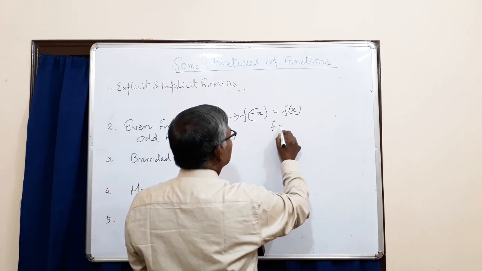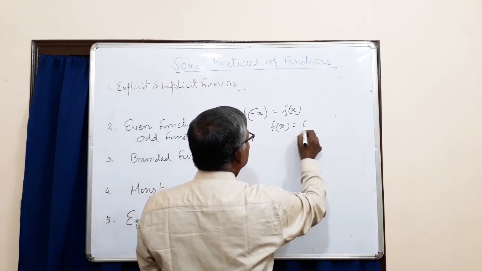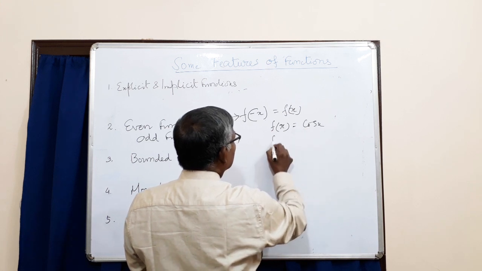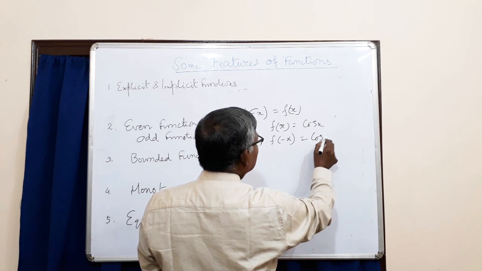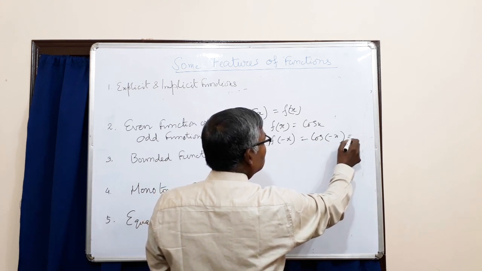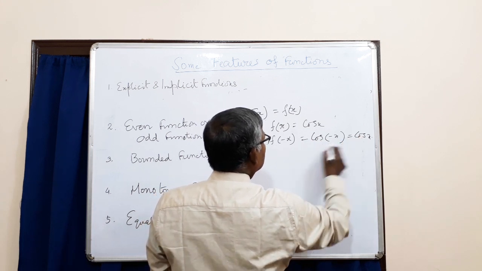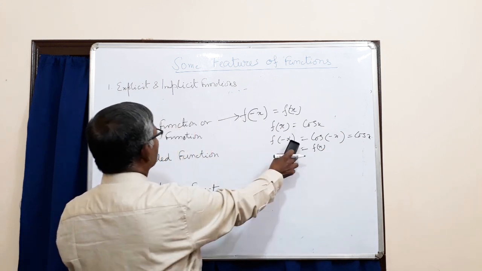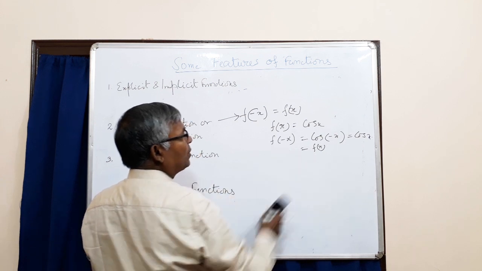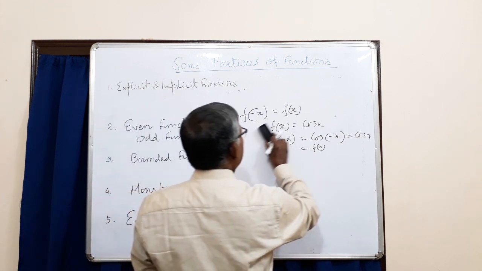Suppose f of x equals cos x. So f of minus x, you can write cos of minus x equals cos x equals f of x. So you get f of minus x equals f of x.